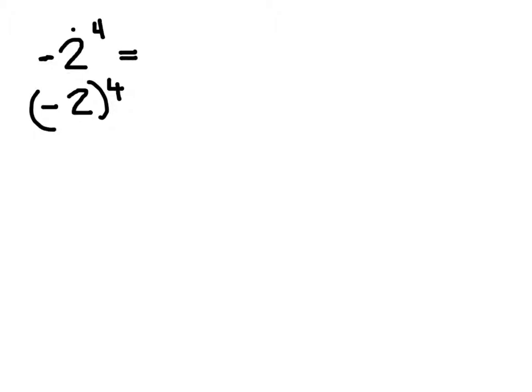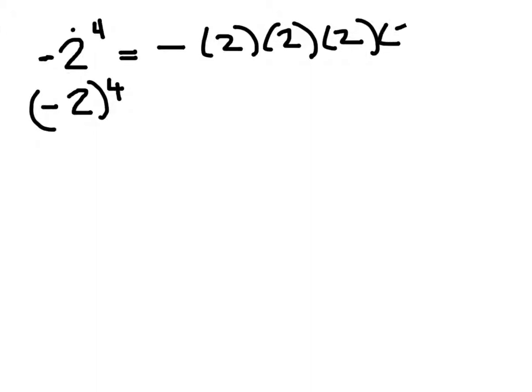In this case, I am raising the 2 to the 4th power, not the minus. So my answer has to be negative. And how much is 2 to the 4th? Well, it's 2 times 2 times 2 times 2, 4 times. So 2 times 2 is 4, times 2 is 8, times 2 is 16. My answer will be negative 16.